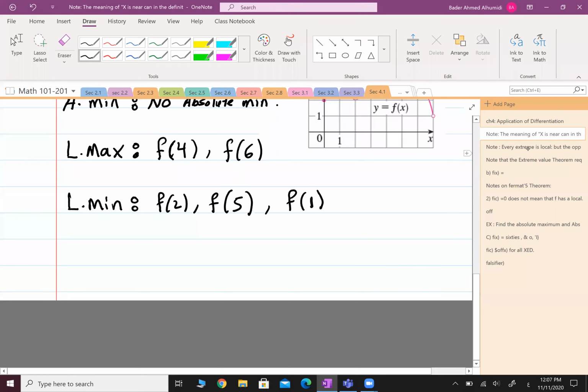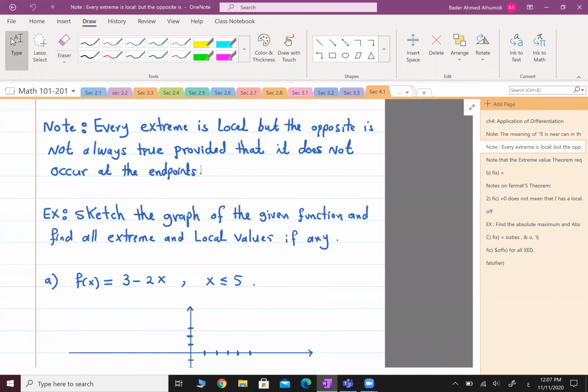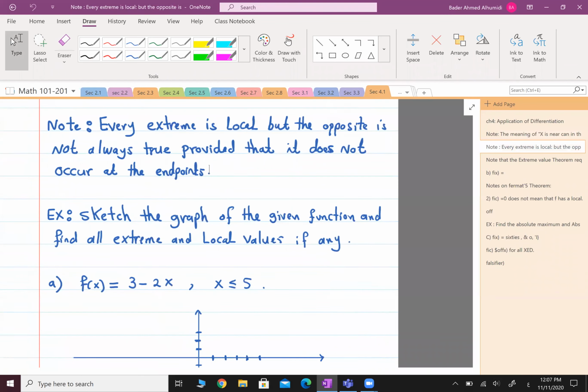What is the relationship between the two now? We talked about absolute maximum and absolute minimum. Also, we talk about local maximum and local minimum. Is any absolute maximum a local maximum? Is any local maximum an absolute maximum? Of course, it could be a local maximum but not an absolute maximum.